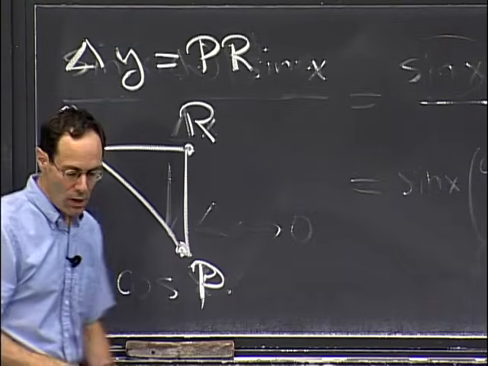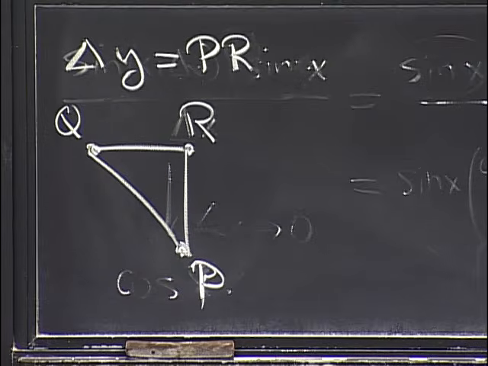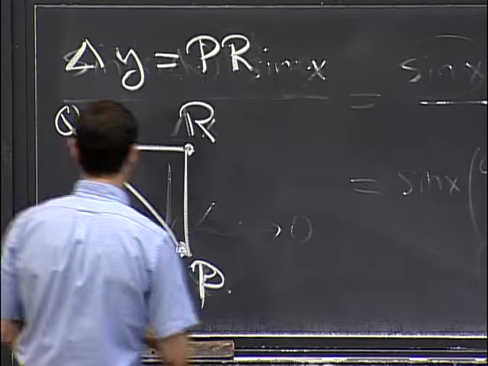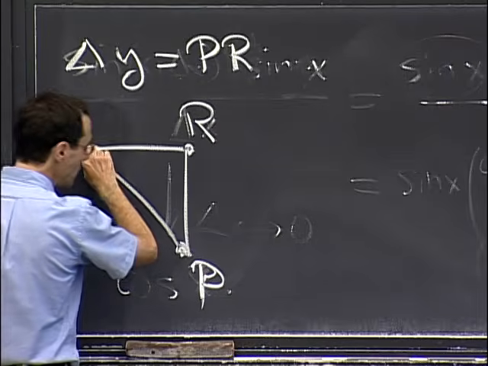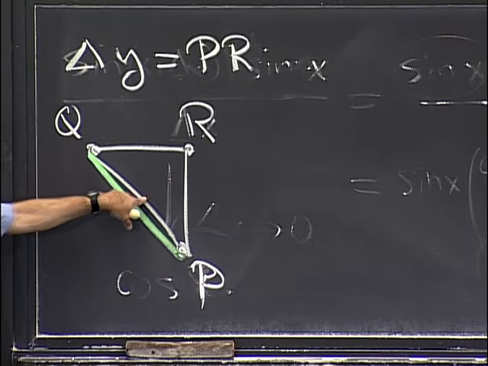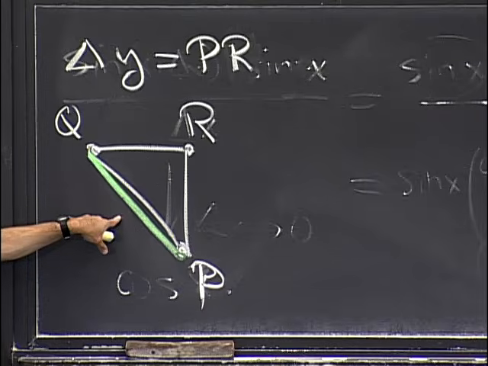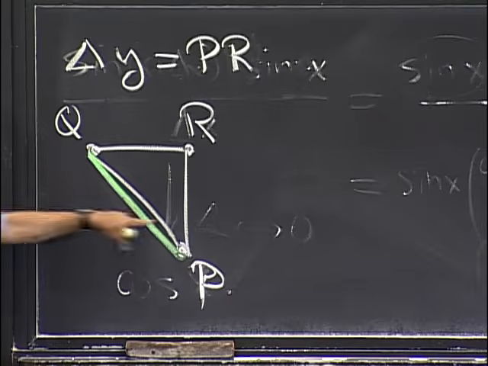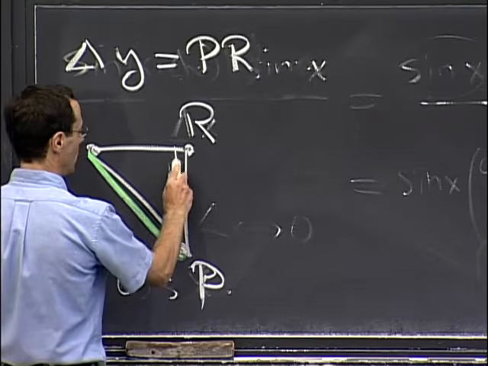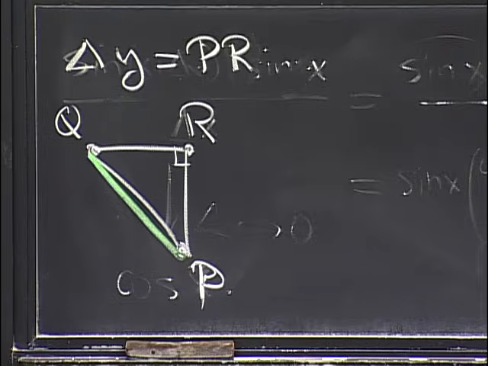But really, what I want to keep in mind is something I did in all these other arguments: I'm going to think of the straight line between. It's the straight line approximation to the curve that we're always interested in. The straight line is much simpler because then we just have a triangle here, and in fact, it's a right triangle. So we have the geometry of a right triangle, which is going to let us do all of our calculations.